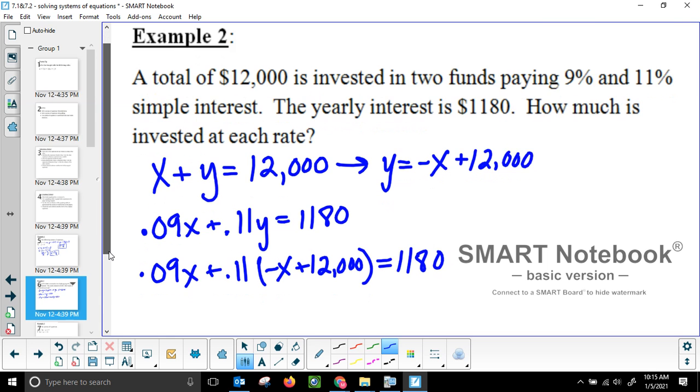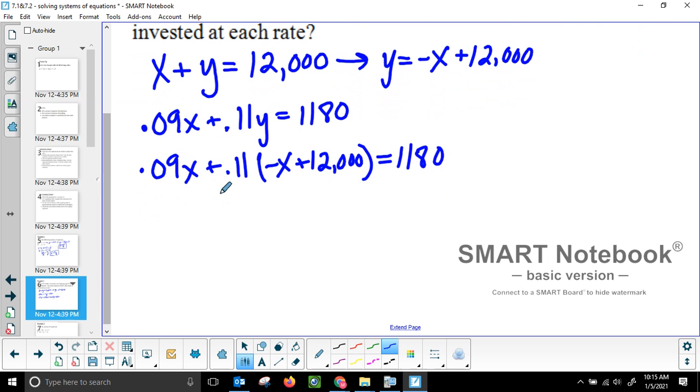Now we are going to want to simplify a little bit. So we will have 0.09x plus, and this will actually end up being a minus, minus 0.11x plus, and we'll have to distribute that 0.11 to 12,000, and that'll be 1,320.